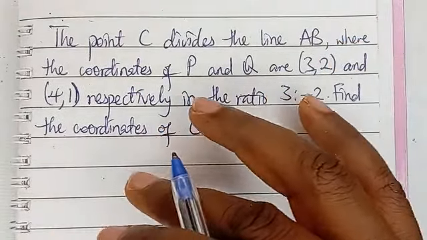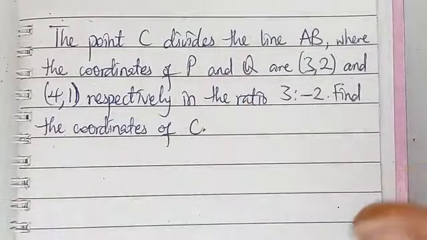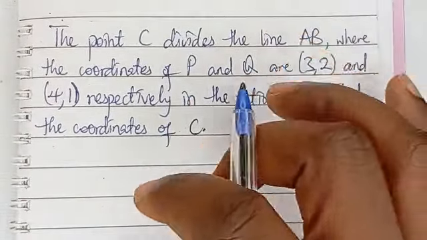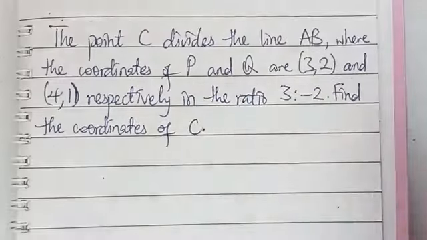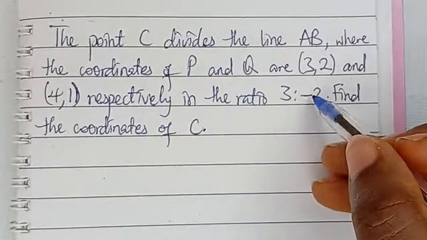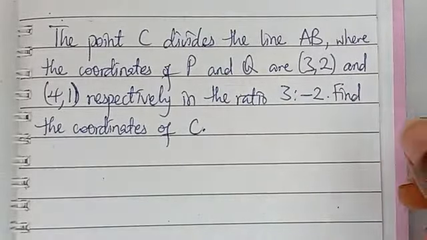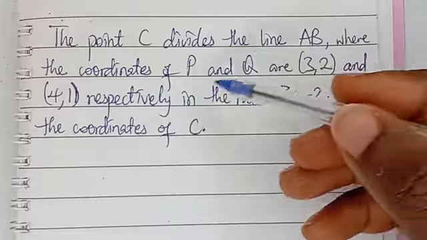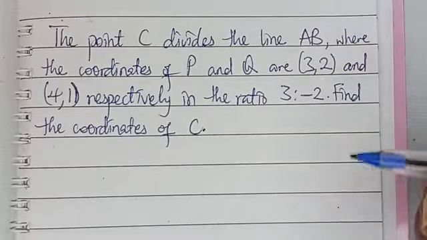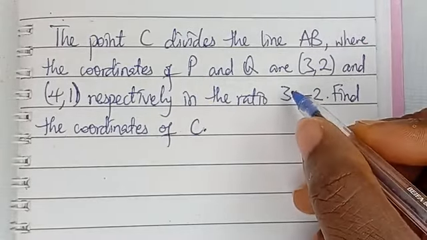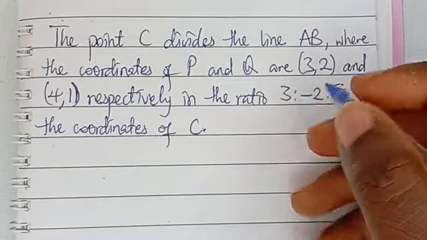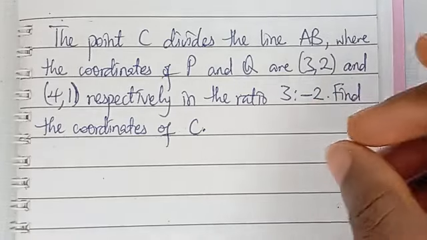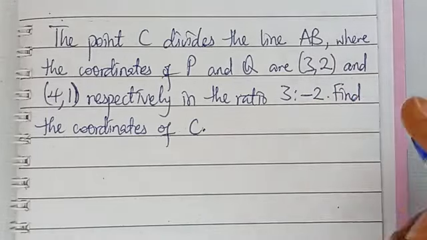The previous example we did was internal division. Once you see the ratio is positive numbers, just know it's internal division. But when the ratio has negative values, then that is an external division. Or sometimes the question says it divides externally, so whether you see a negative ratio or not, just know that you have to apply what we will learn now about external divisions.